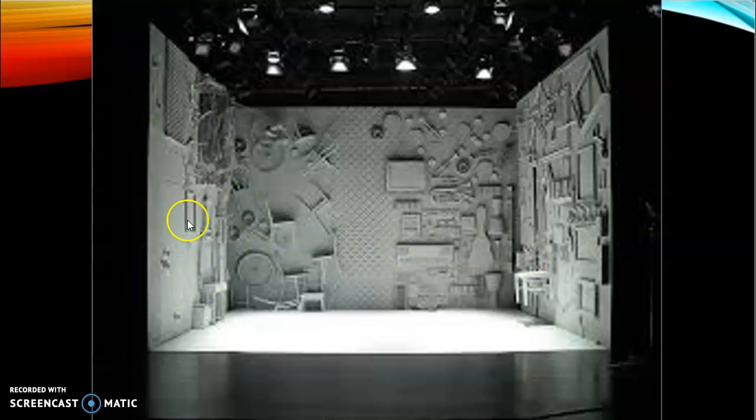And we have texture over here, we have texture over here, lots of texture, and it's pretty well balanced. There's slightly more texture on this side than there is on that side, but not enough to make us go, oh my gosh, it feels so heavy to the right. It is a beautifully balanced set.